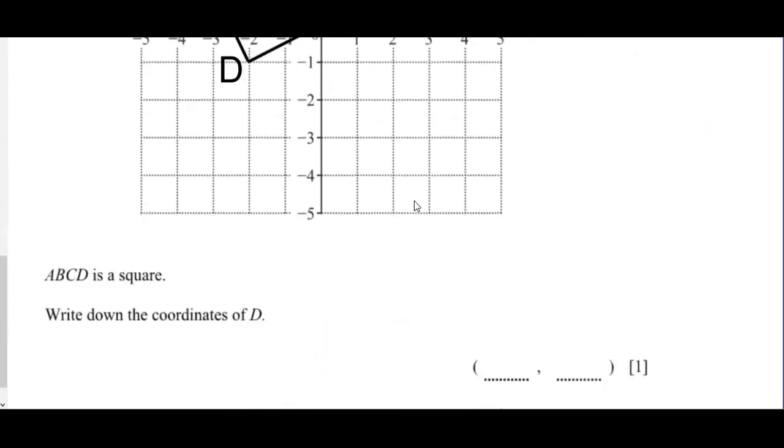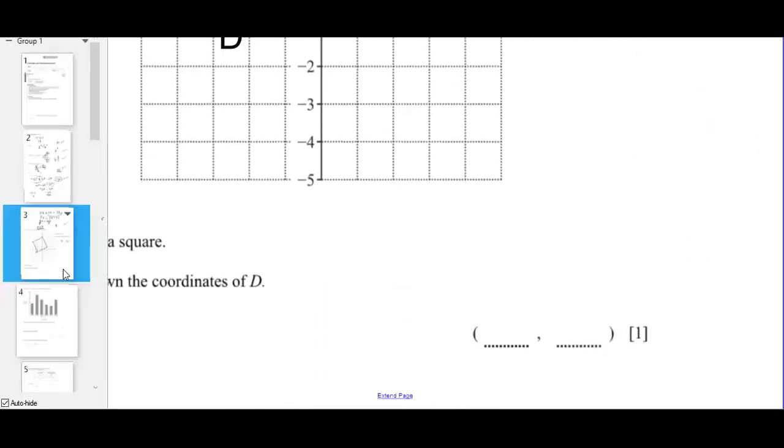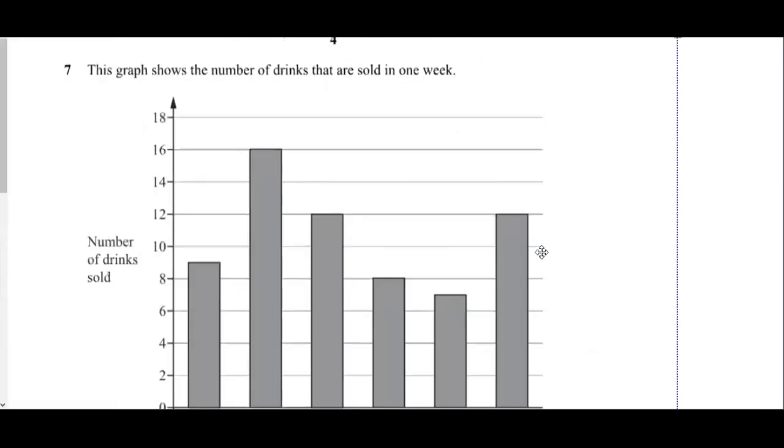Let us move on. The next question is this question here. This graph shows the number of drinks that are sold in 1 week. This graph is known as a bar graph.